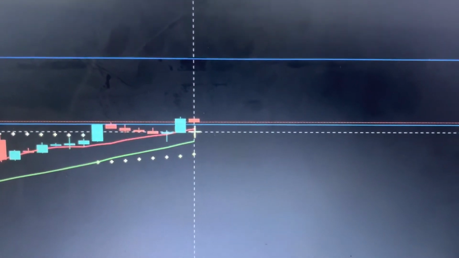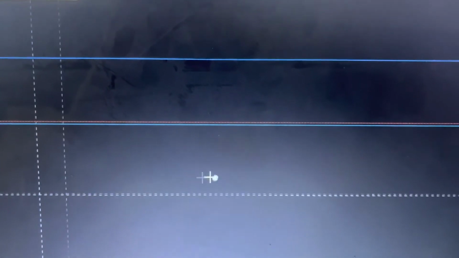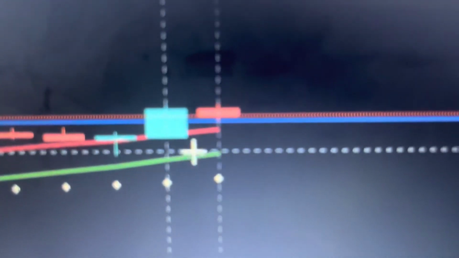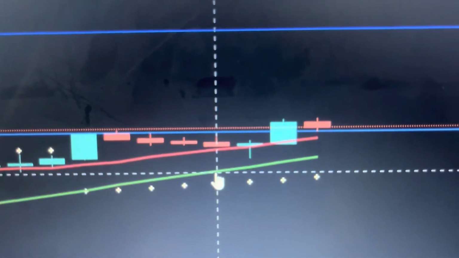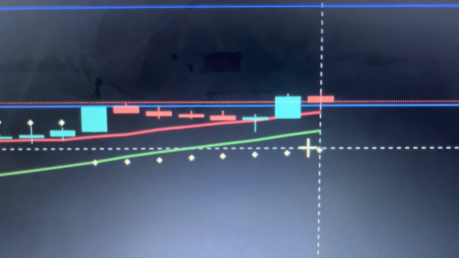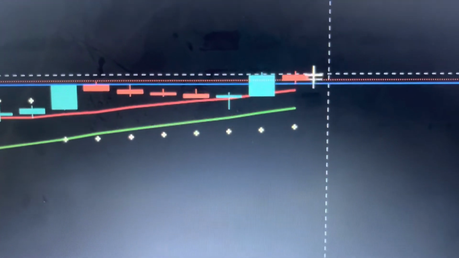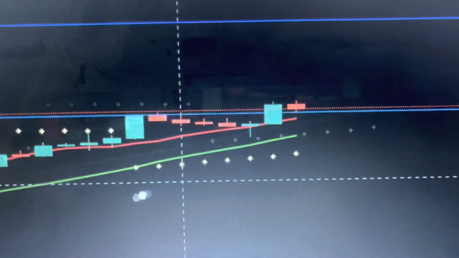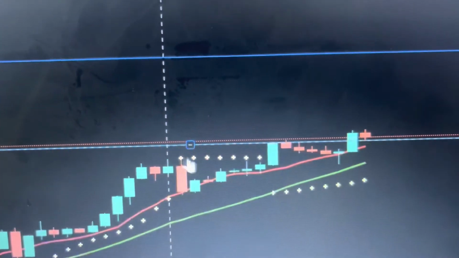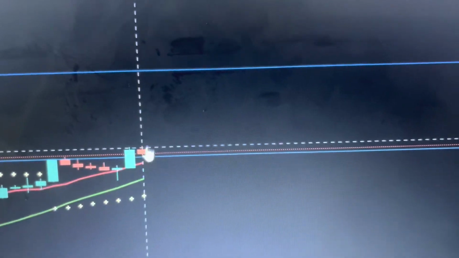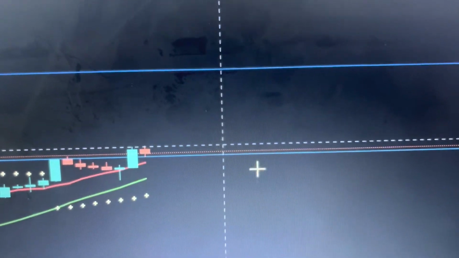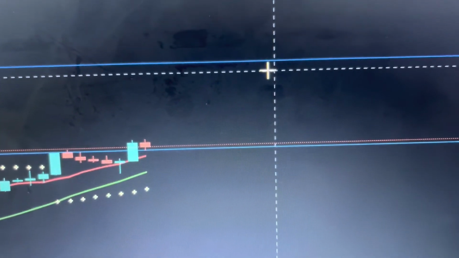I don't know if y'all can see that, but it closed above the blue line. That's showing me a confirmation that there is some resistance right there, and that potentially this could become the new support and go to this next level of resistance.